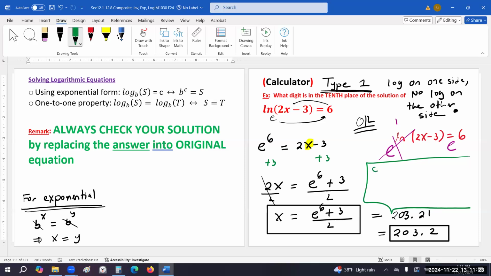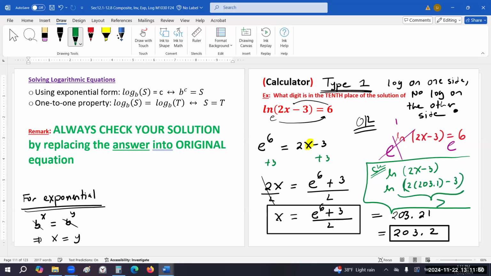But just because we got some answer doesn't mean it's correct. We need to substitute inside the ln and see, if we substitute 203 for x, does it become negative? If it does, that means it's not a correct answer. So you have ln of 2x minus 3. Our x is 203.2, so we have 2 times 203.2 minus 3.